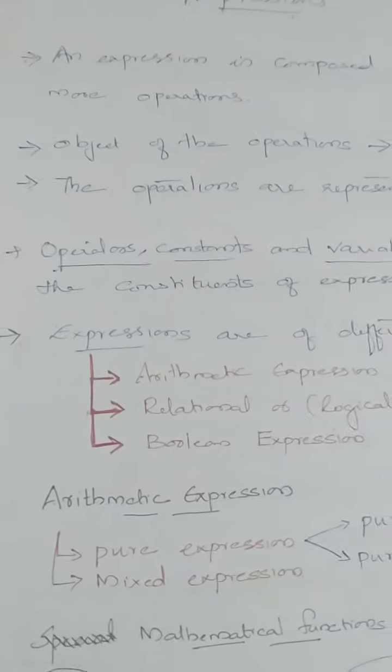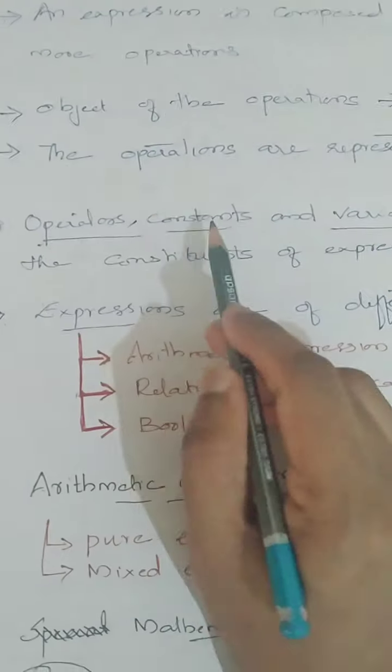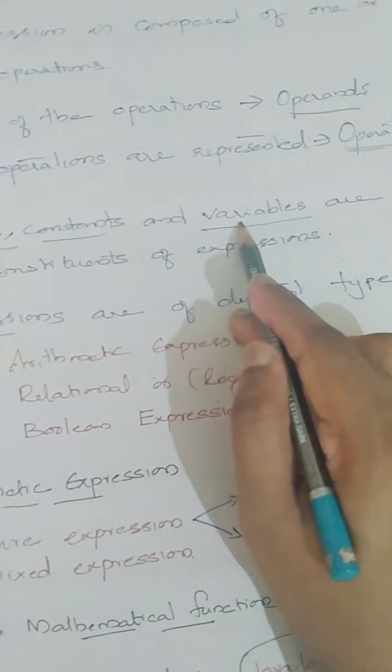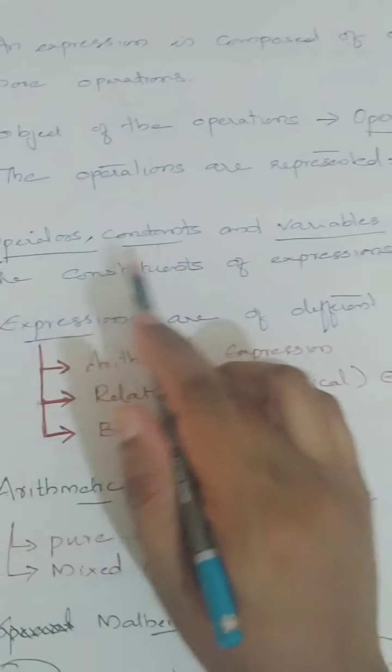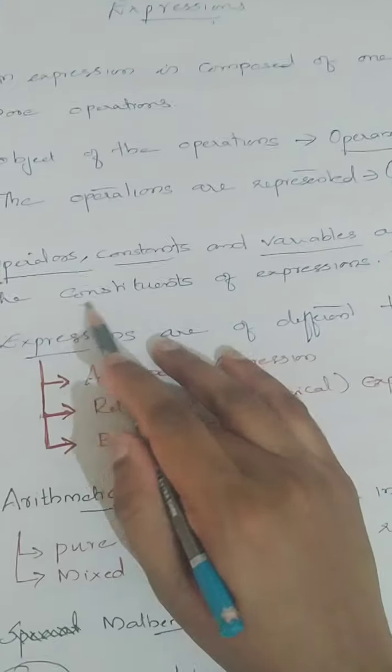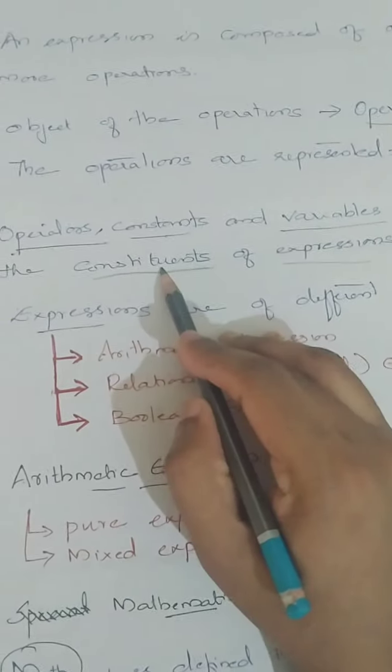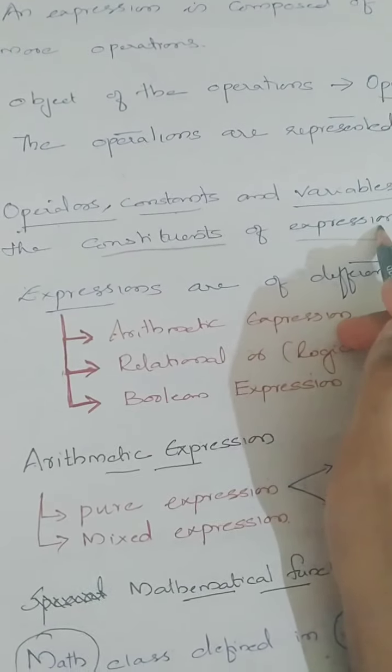Okay. So your expression consists of operators, constants and variables. Operators, constants and variables are the constituents of expressions, the members of expressions.